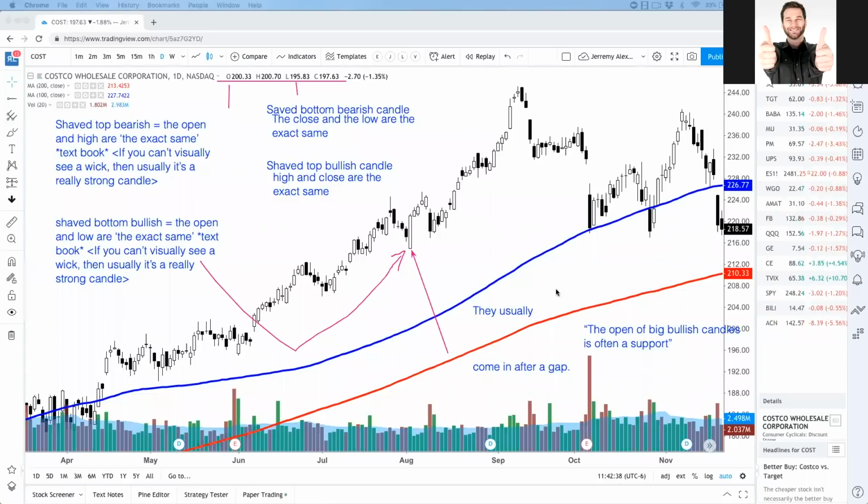Let's talk about the sentiment of these candles, how they're formed. If we're looking at Costco, what we see is a bearish candle, bearish candle, bearish candle, bearish candle, bearish candle. Five bearish candles in a row.